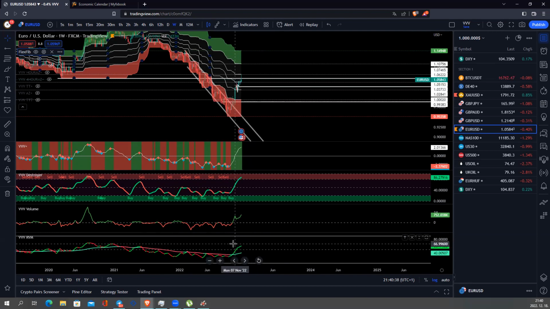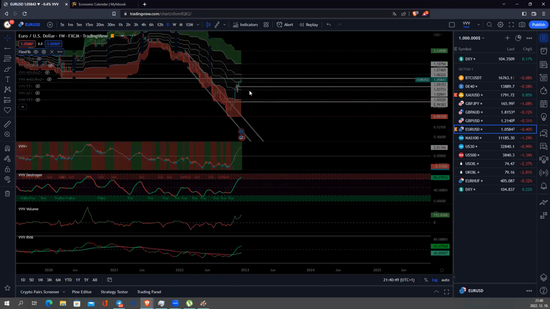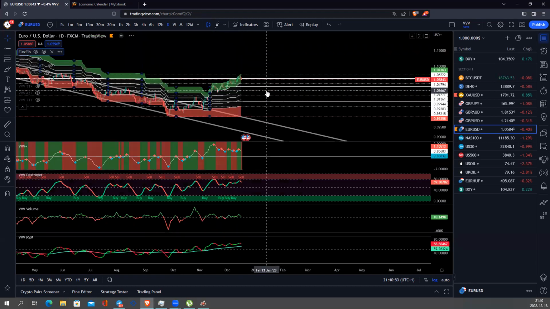And even if it gets a retest on weekly basis, there is still a lot of space to make another movement up. So yeah, also on daily basis, we are seeing right now a bearish momentum, and these two are getting closer to each other. And yeah, here are my target zones.